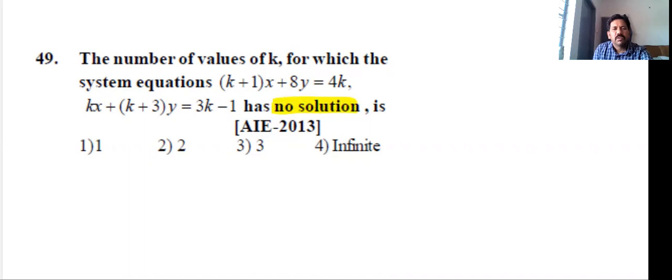No solution. What is the formula actually? A1 by A2 is equal to B1 by B2, not equal to C1 by C2.